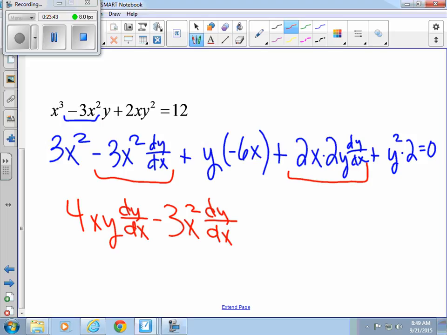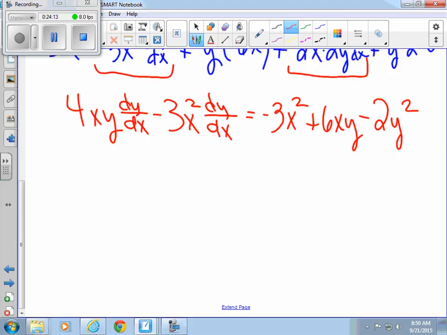So all I did was bring those down. Now what I am going to do with everything else is subtract it over to the right. So the negative 3x squared, this is a negative 6xy. So what will it be when I move it over? And then minus 2y squared. Again, a lot of you will combine this next step in with that first step when you start doing these more often.